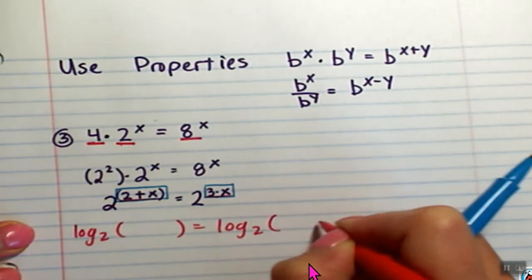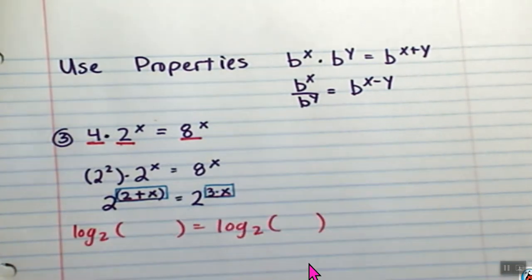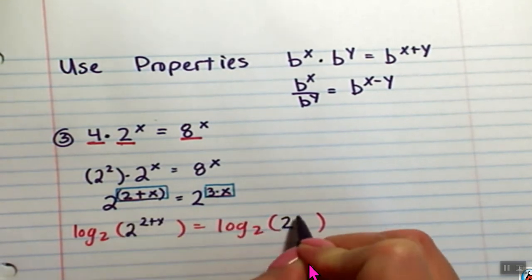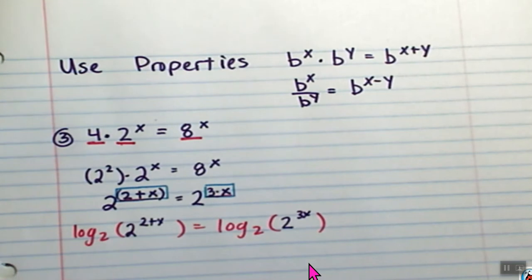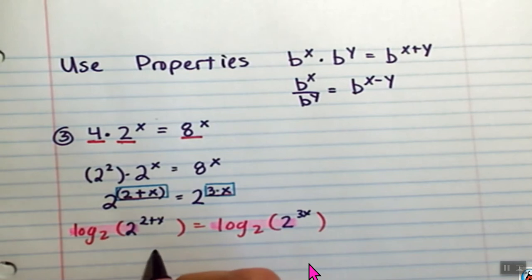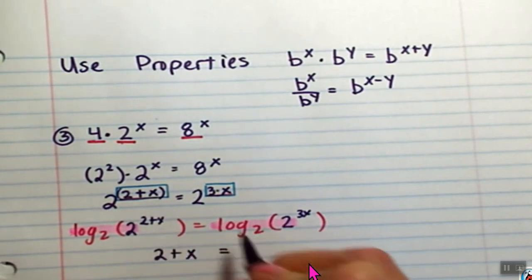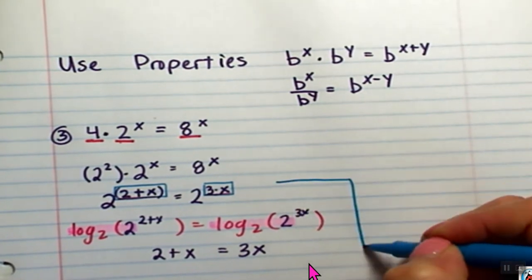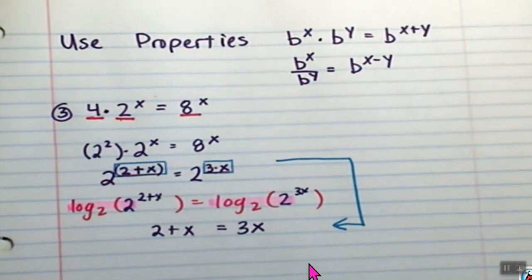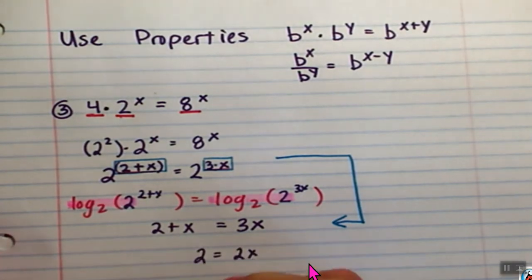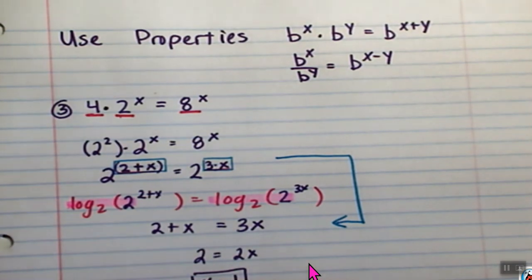I'm using log base 2. 2 plus x, 2 to the 3x, and the log base 2 cancels. Okay, we get 2 plus x. Look at those blue boxes. When you have the same base, you end up solving the exponents equal to each other. Oh, how convenient. Boom. X equals 1.